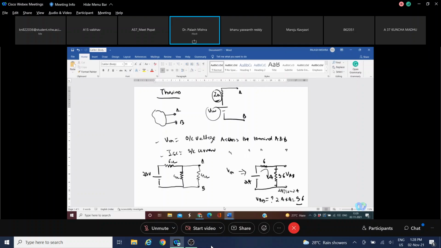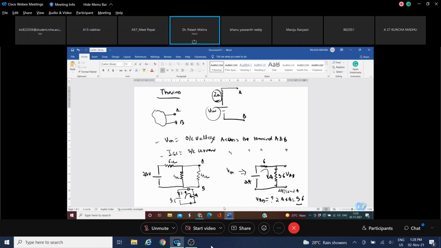So once VTH, 9.6, is ready, what was ZTH in the last one? ZTH was coming out to be 2.4. So this is 2.4, and now it is connected across A and B, which is 4 ohms. Using this simple Thevenin's equivalent, please find the net current flowing here.